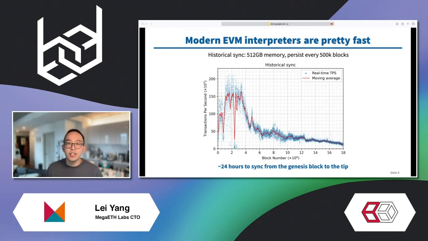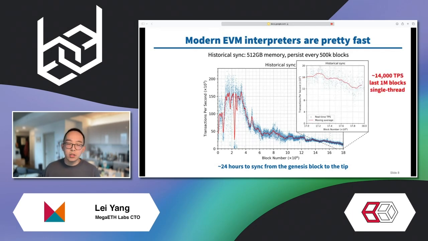The graph shows the execution throughput, or the number of transactions it can process per second, and we show how it changes with the block height. Each blue dot in this plot is the throughput of a particular block, and the red curve is the moving average. Overall, it took us about 24 hours to sync 18 million blocks to the tip.